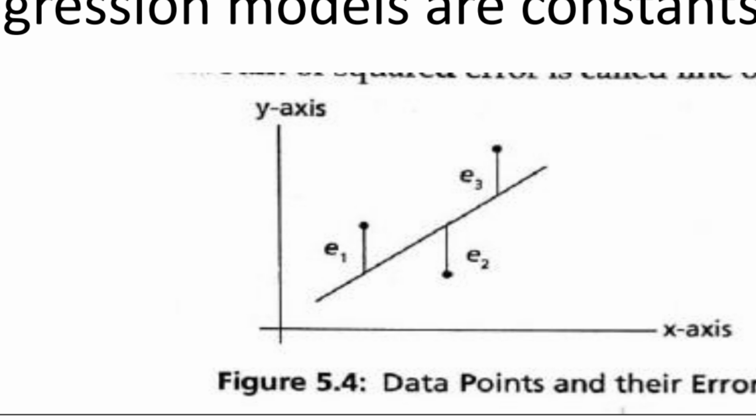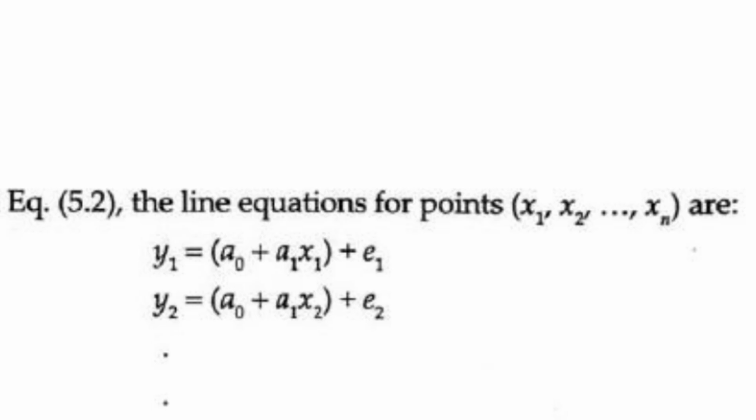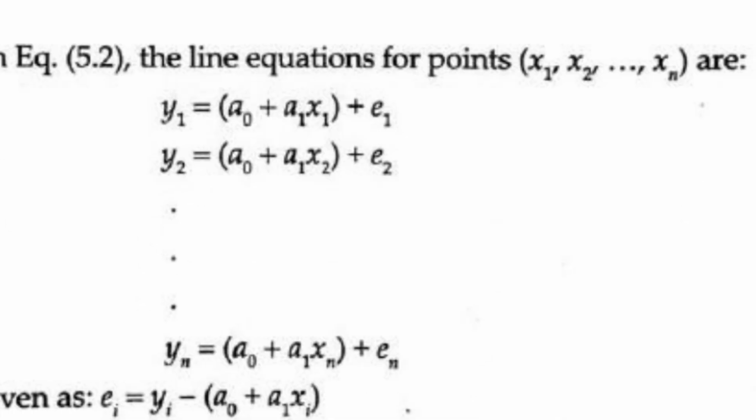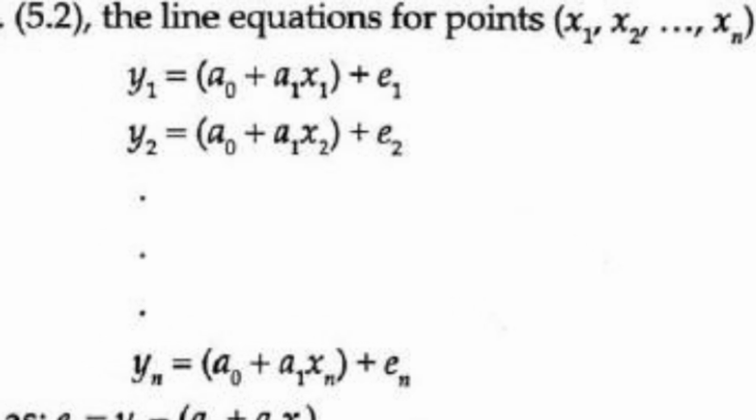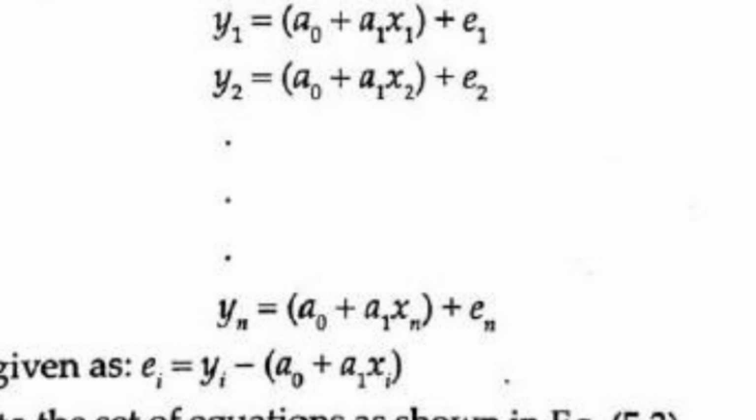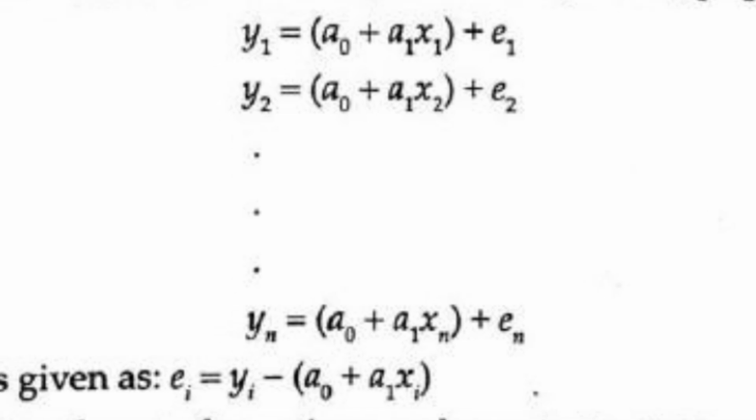Now our main intention is to reduce this error. In general, if there are n data points, that is expressed in terms of y. That is, for the first data point, y1 equal to a naught plus a1 x1 plus e1, y2 equal to a naught plus a1 x2 plus e2, like that yn equal to a naught plus a1 xn plus en, where ei is the error, xi is the x coordinate, yi is the observed y value, a naught is the constant, and a1 is the slope.